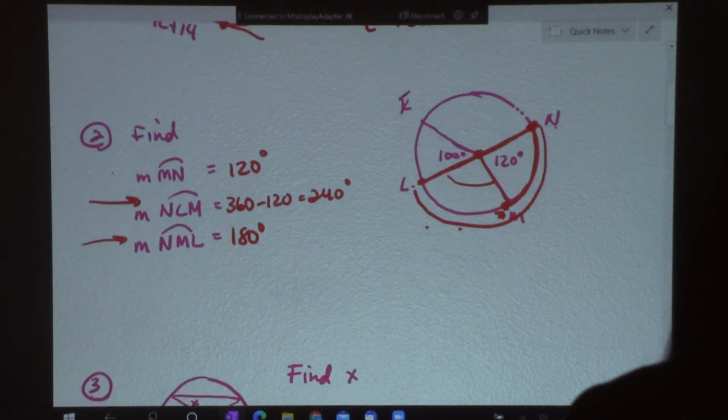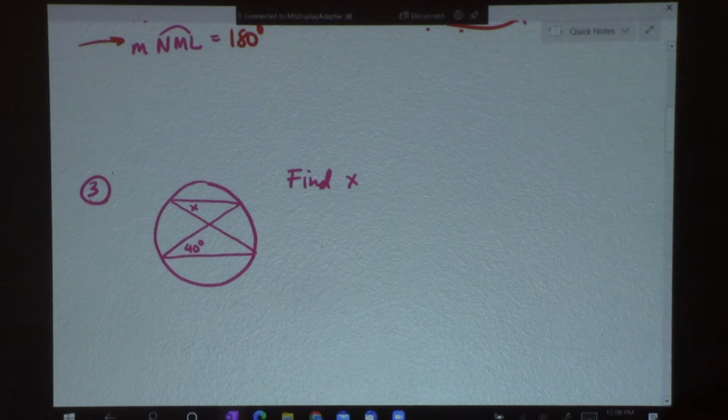Let's do number 3. Go ahead and draw that picture, and I want to find X. Now what you need to remember from this is the relationship between an inscribed angle and its corresponding arc. So an inscribed angle looks like this. Inscribed means it has all 3 significant points on the circle.